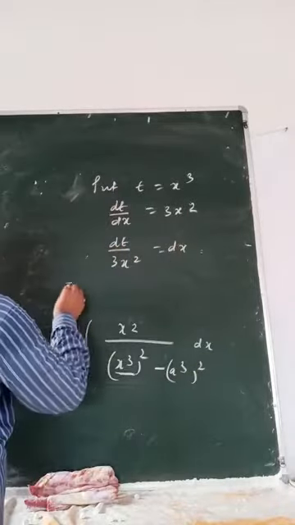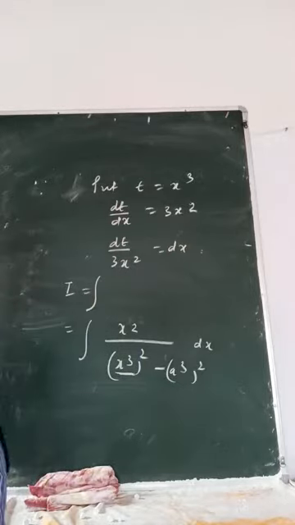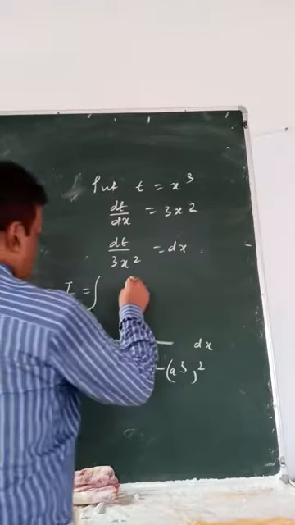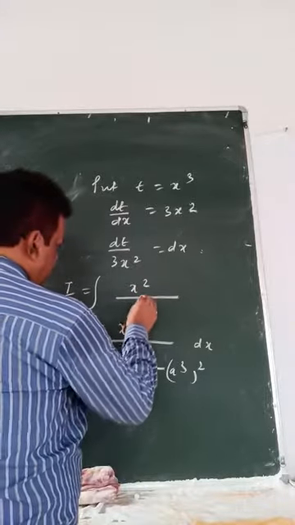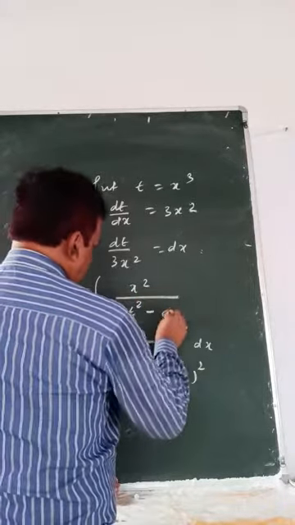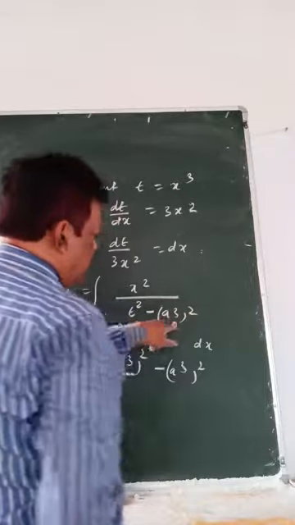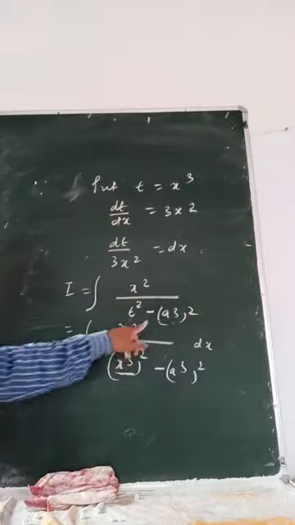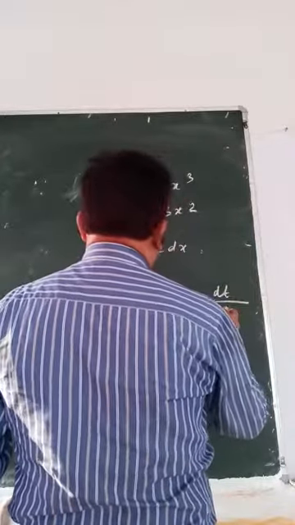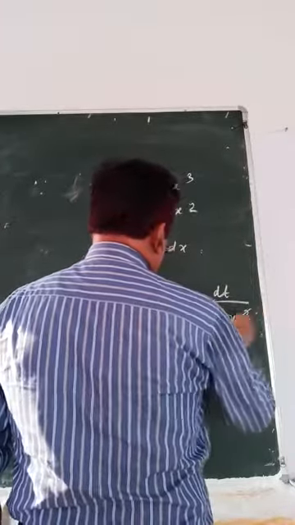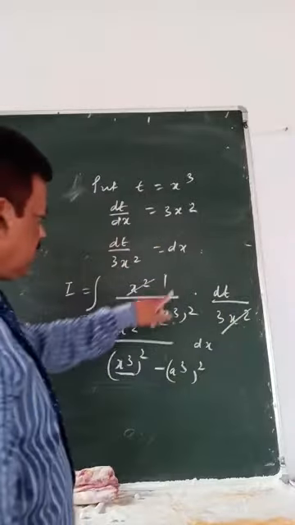So our I equals, this will remain x square by t square minus a cube whole square. Remember this is a constant, it doesn't matter, but dx is dt by 3x square. So this x square is gone. Now you got your numerator as 1.